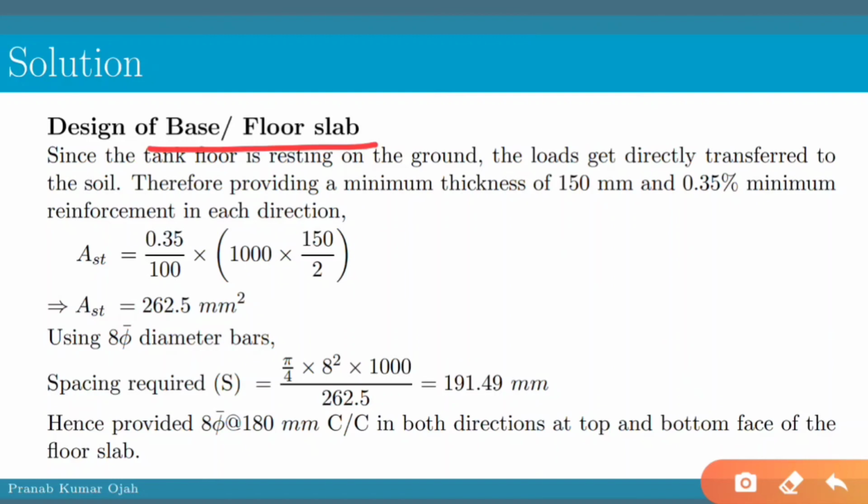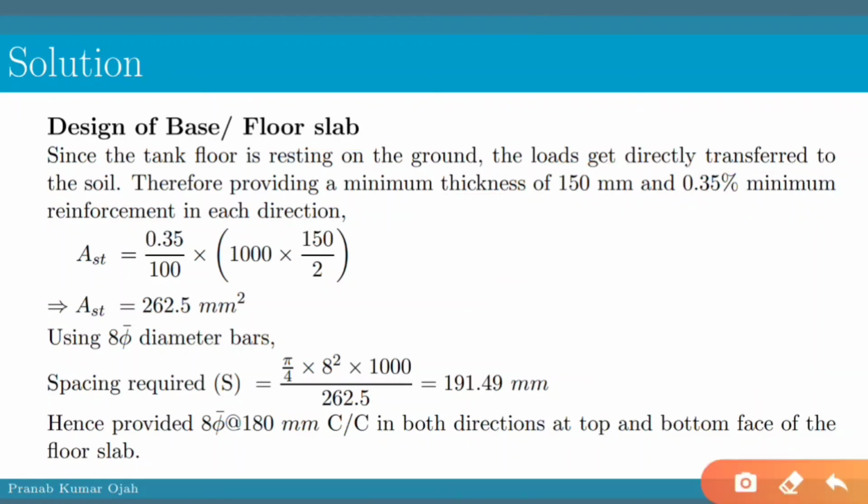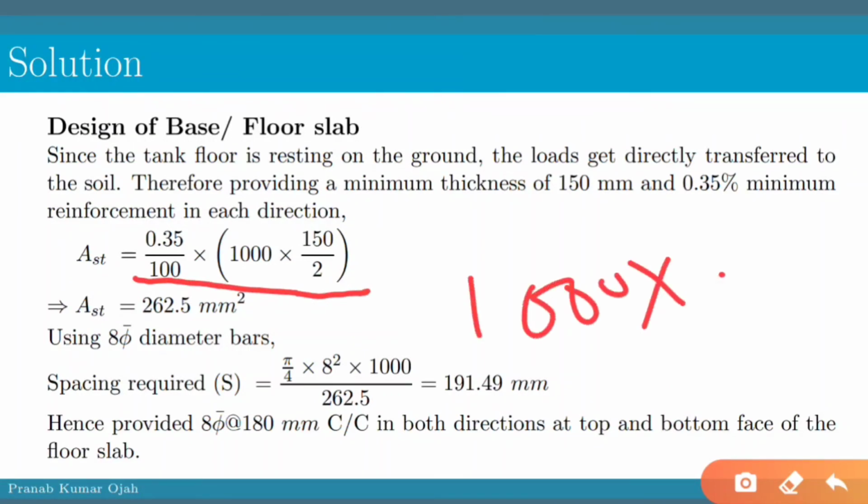Now the design of the base or floor slab. Since the tank floor is resting on the ground, the load gets directly transferred to the soil. Therefore, we provide a minimum thickness of 150 mm and 0.35% minimum reinforcement in each direction. AST we have to calculate, which is 0.35% of 1000 into 150 by 2.